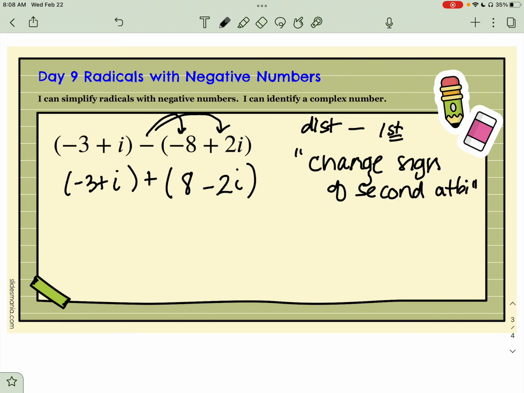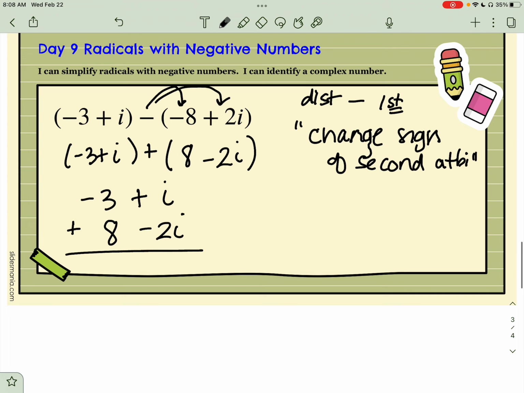Okay, so we're changing the sign of the second a plus bi. Now stack and add. So I have 3 plus 1i. And then I'm going to add 8 minus 2i. Stack and add. I get 5. And I have plus 1 minus 2, so minus 1i. And that's my answer.